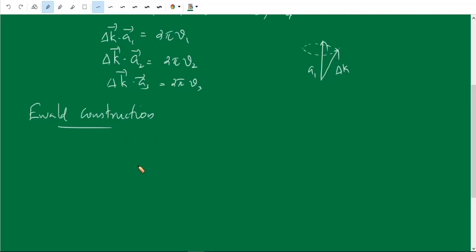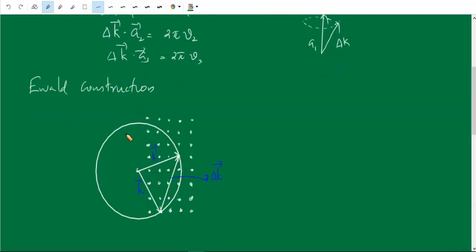So let us consider a reciprocal lattice. You know what a reciprocal lattice is. In the reciprocal lattice, the lattice points are separated by a distance which is reciprocal to the dimension in the real lattice. Here these points are reciprocal lattice points.